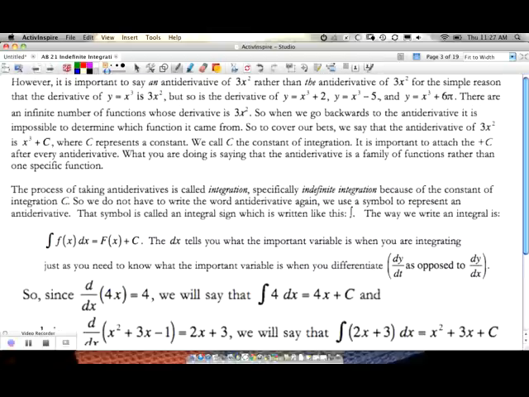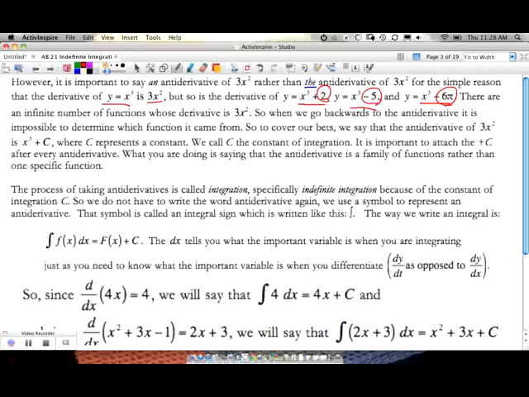Something big is, we can't say it's the antiderivative, because when we go backwards, we don't know all the information about where we started. For example, with that example of x cubed, we know the derivative is 3x squared, but if we took the derivative of x cubed plus 2, x cubed minus 5, x cubed plus 6 pi, all these constant terms go to 0, so we don't know if they're there or not.